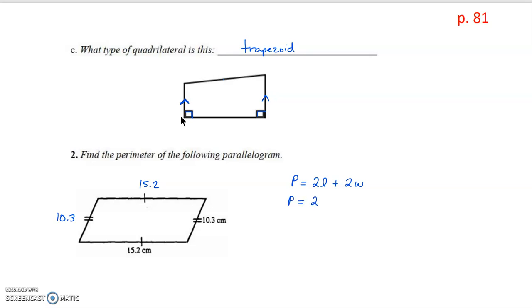So we can take 2 times 15.2 plus 2 times 10.3. And when we calculate that, we end up with 30.4 for the first one, plus 20.6 for the second one, so a total of 51 centimeters for this parallelogram.